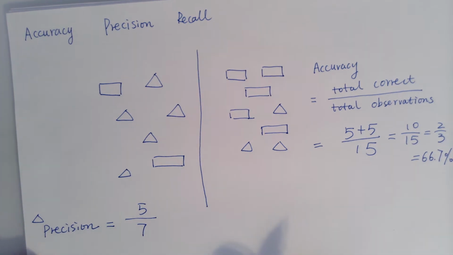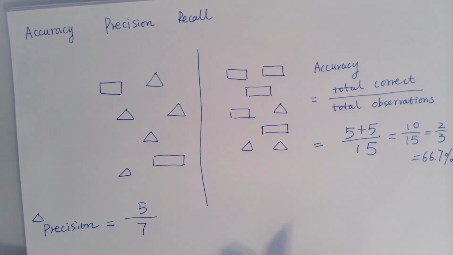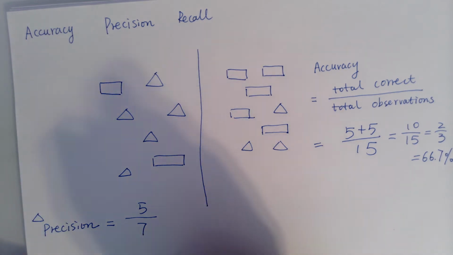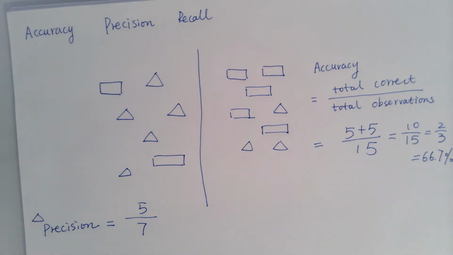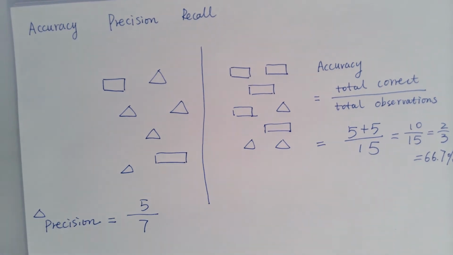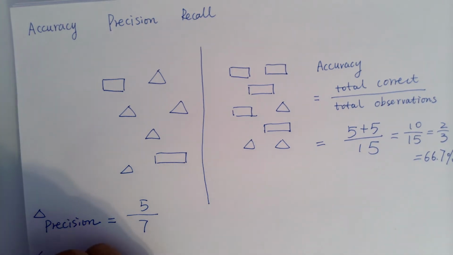So the precision for the triangle class is 5 out of 7, approximately 71%.